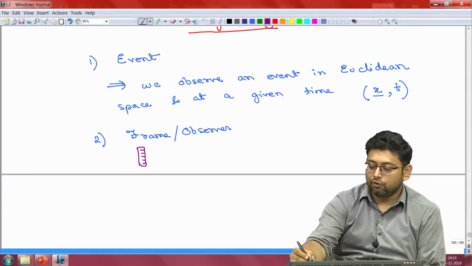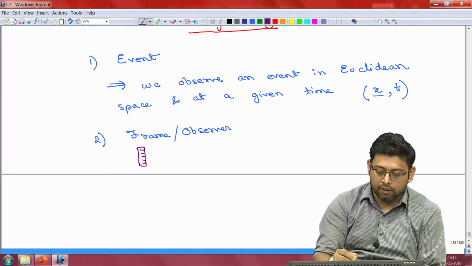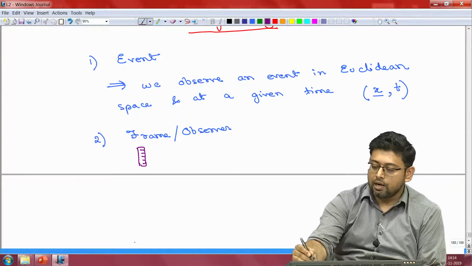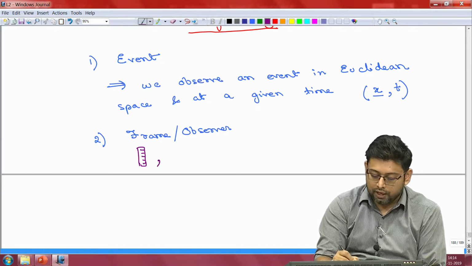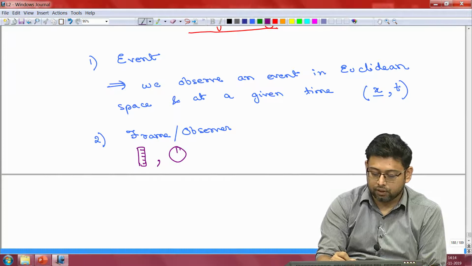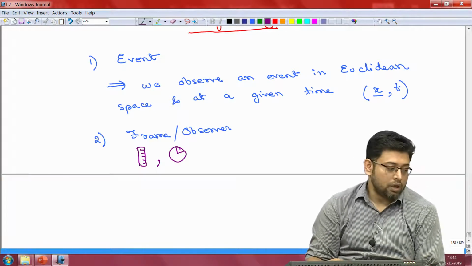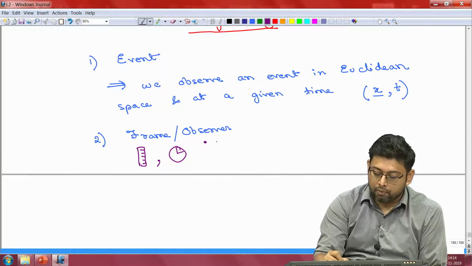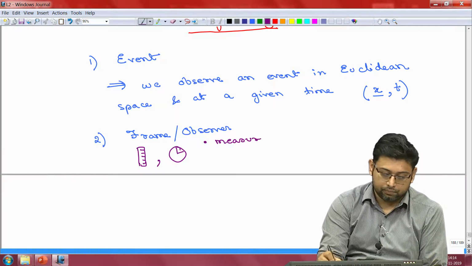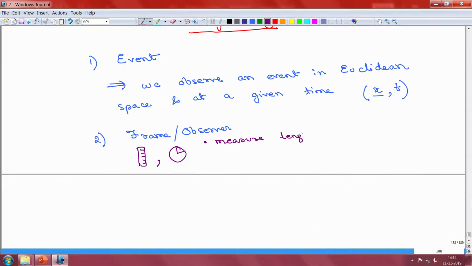Right. So, he needs to figure out what x is, and to do that he must be able to measure lengths, and then he should be able to measure time. So, he also has a watch with him. Okay. So, the observer should be able to measure lengths in space, or basically spatial intervals, right. And similarly, he should be able to measure time intervals.